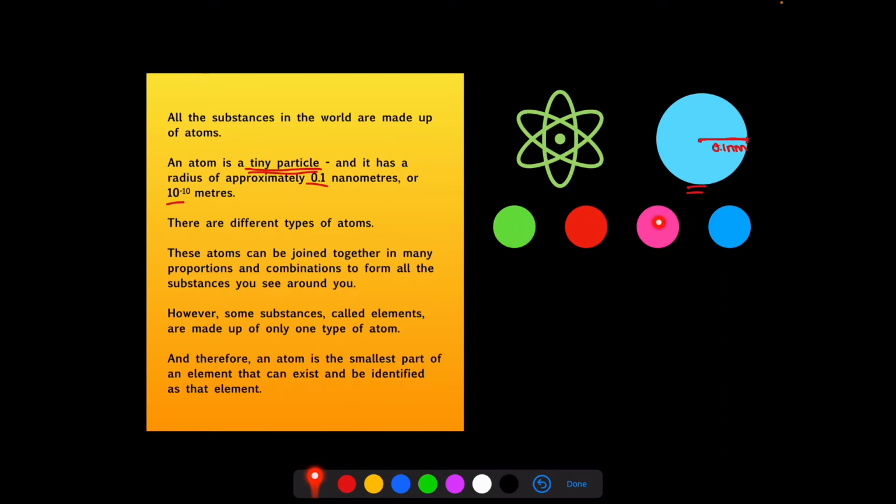So we have different types of atoms, and I would highly advise noting down all of this, by the way. These atoms can be joined together in many proportions and combinations to form all the substances that we see around us. What I mean by joining together is not that both of these are going to mix and form a new blue colored atom or brown colored atom.